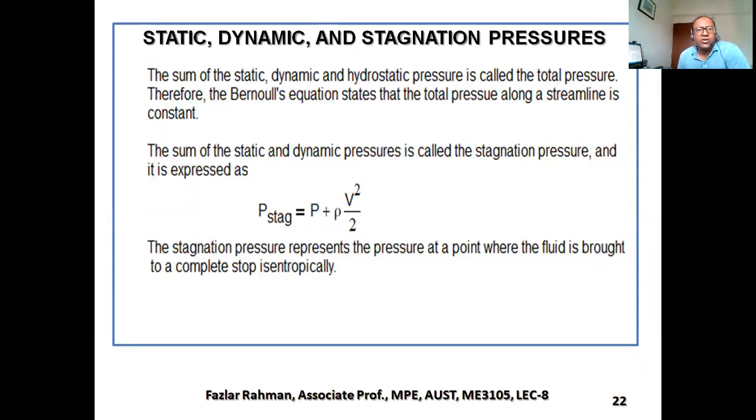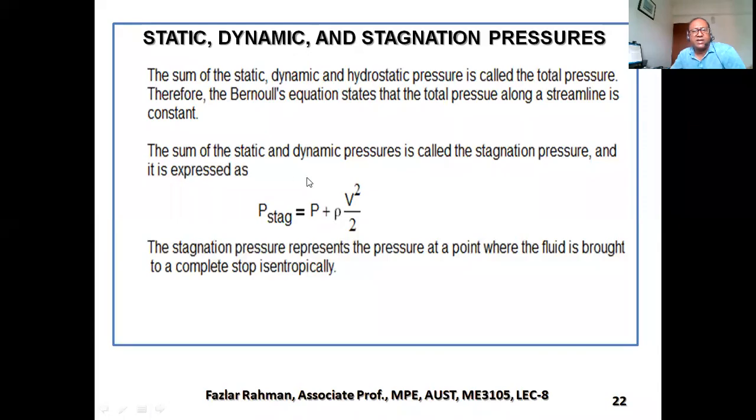Okay. So what is the stagnation pressure? Sometimes we put a short question in the exam. The sum of static, dynamic, and hydrostatic pressure is called the total pressure of the fluid. Bernoulli's equation states that the total pressure along a streamline is always constant.